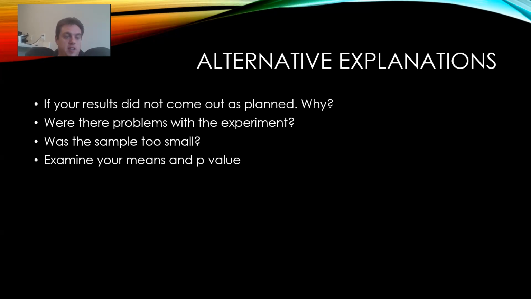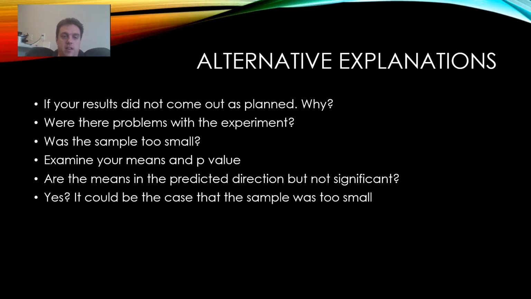Well, that would suggest it was an issue with sample size, right? Because the means are in the predicted direction, it's getting close to being significant, but it's not, and we have a small sample size. That would suggest it could be an issue with sample size, right?